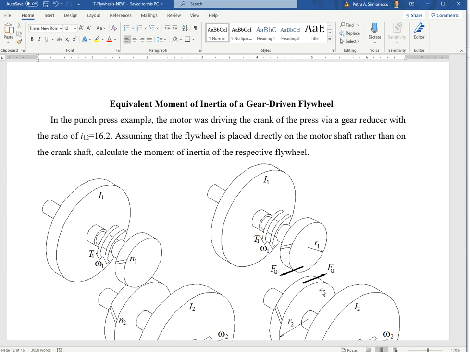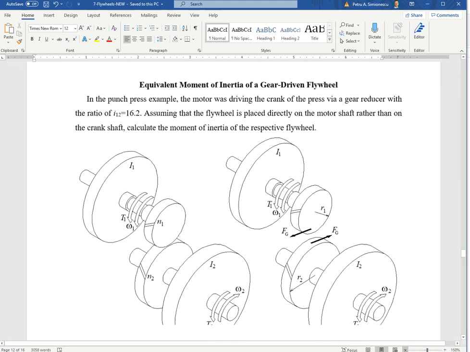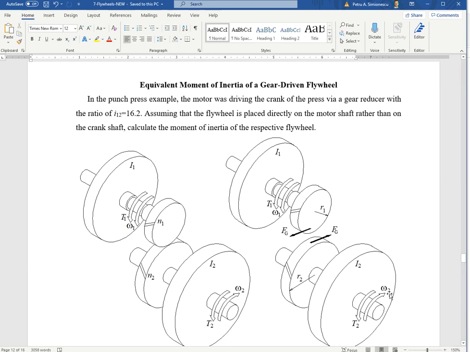And of course, the average moment of the motor, in these analyses, again, we are always assuming that the motor delivers a constant torque, irrespective of the RPM of the motor shaft.